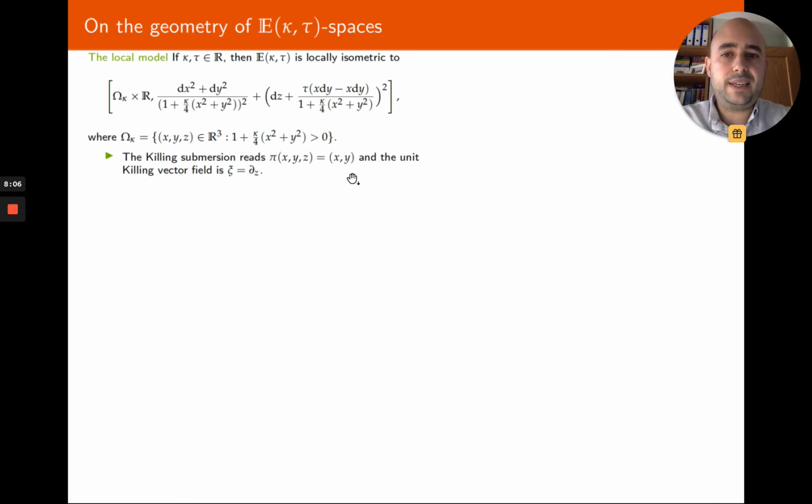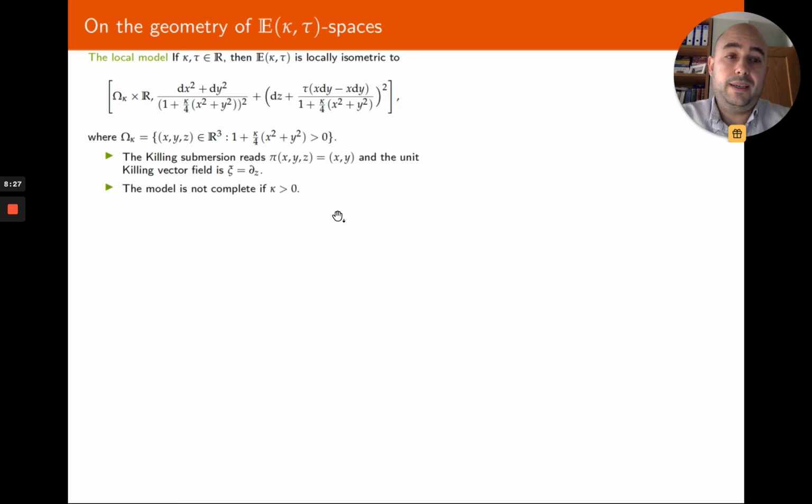In this case, the geometry is very easy because the Killing submersion is just the projection over the first two components, and the unit Killing vector field is just the unit field in the direction of the third component, tangent to the fibers of the submersion.